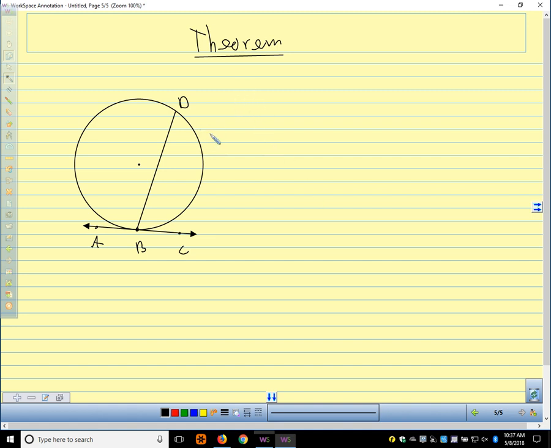All right, so here we have a tangent and a chord. The vertex is on the circle.